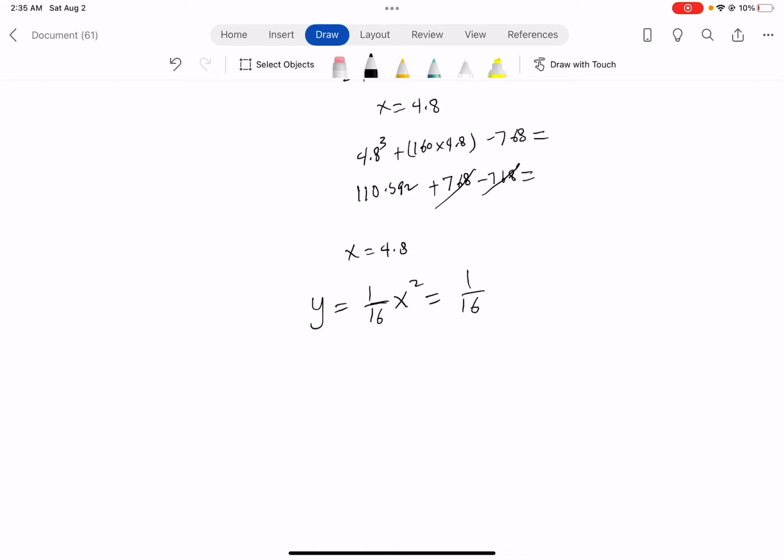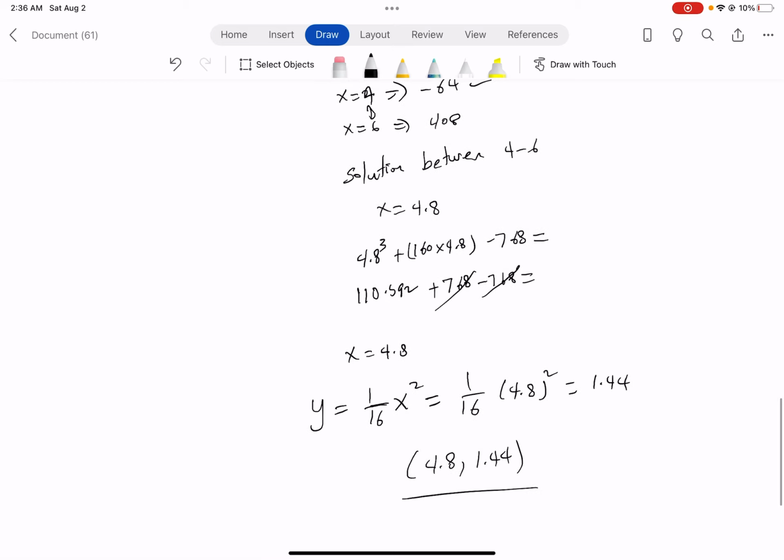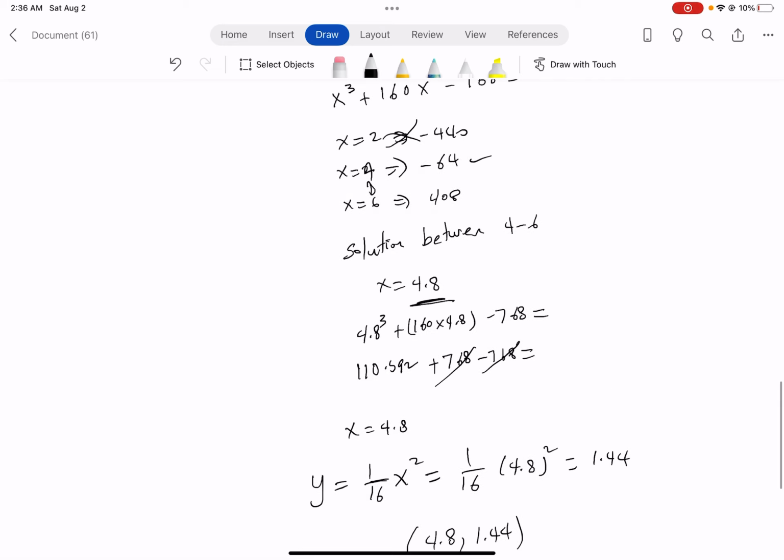If you say it's 4.8, this would give you 1.44. So the point of the river closest by is 4.8, 1.44. This is assuming that x equal to 4.8 is the answer.